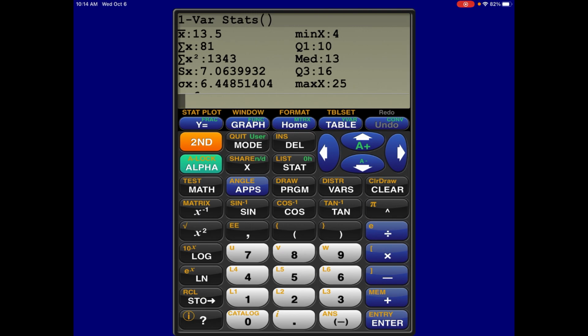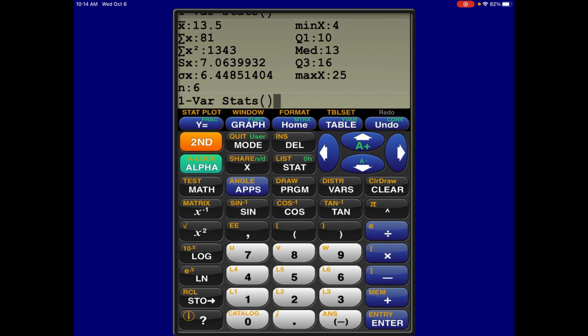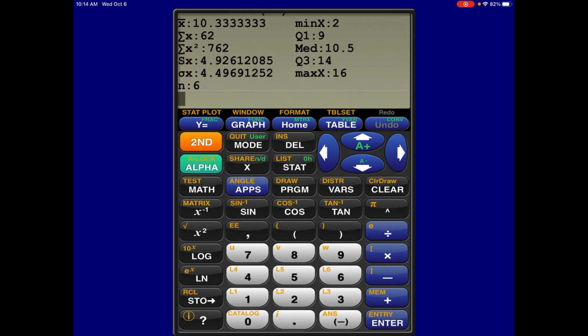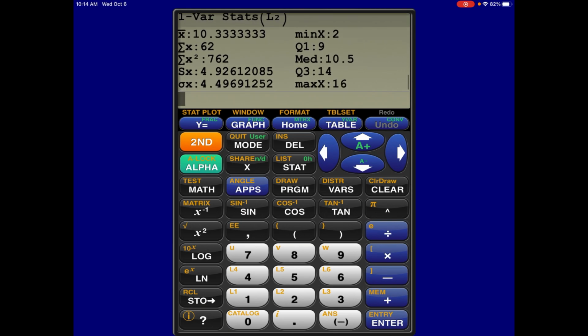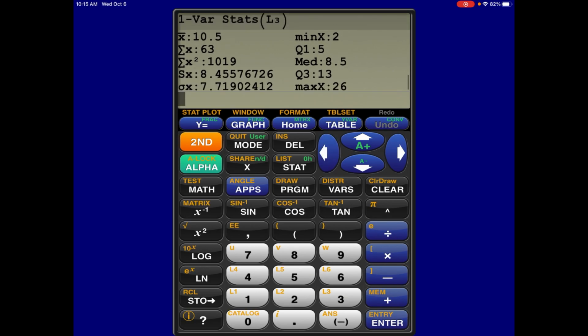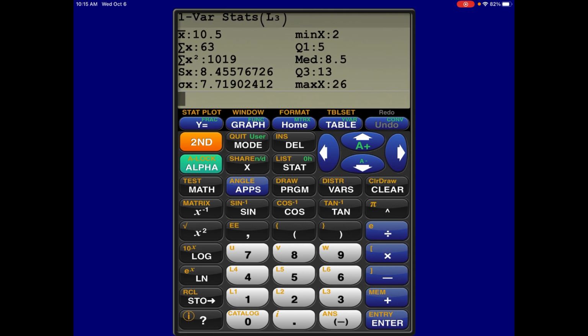So I'm going to press second entry, but this time I'm going to put in L2, so second 2. And now I have the 1-var stats for list 2. I'm going to do second enter, and then change that to list 3, so second 3. You can also do that by hand if you like.